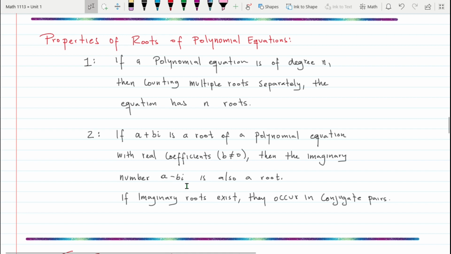So notice that contrast. You have a plus bi, so it's a given that a minus bi is also a root. It just tells us that imaginary roots happen in conjugate pairs. Okay, it's like a freebie. If you know that you get one complex root as the solution, then you can automatically assume that its complex conjugate is also a solution to the polynomial.